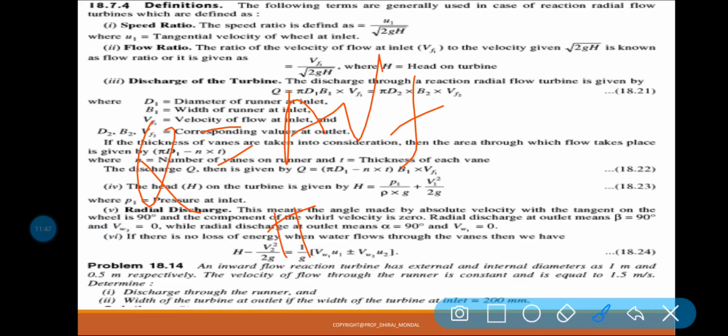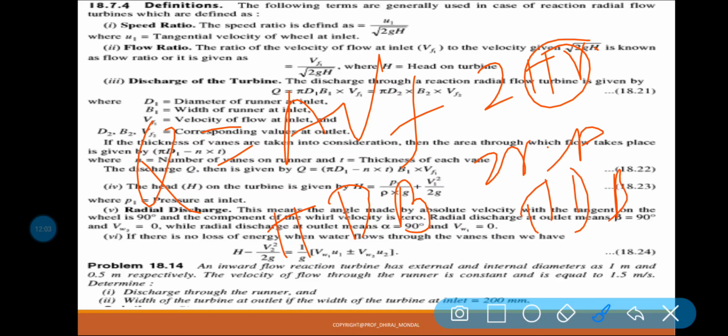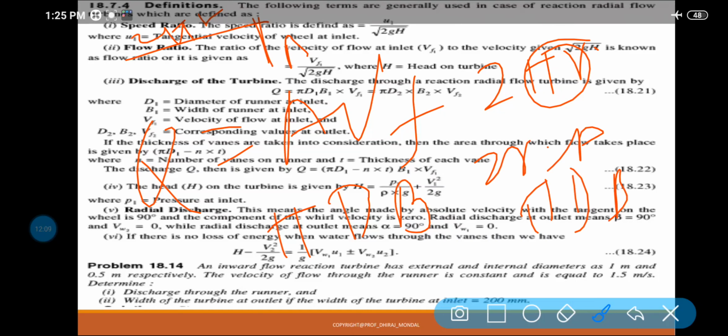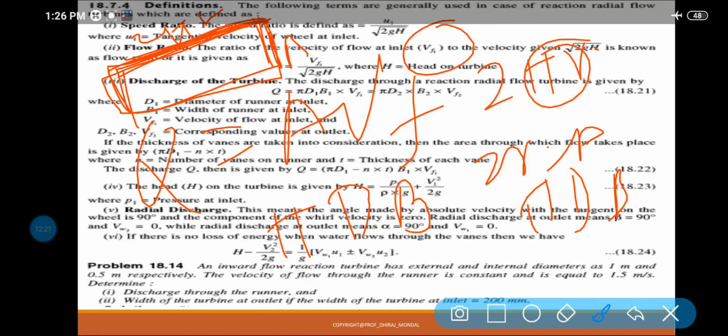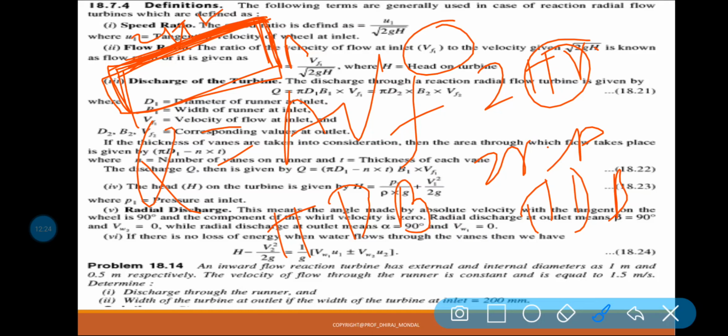So area is pi into D into B, that means perimeter 2 pi r, you know. 2r means your D, so pi D into B. So let us consider this is your 2 pi r and this is your B. B means breadth or width, and if you take the total length, that means the periphery, and you straighten this periphery as a straight line, then it will be 2 pi r, and 2 pi r is equal to pi D.